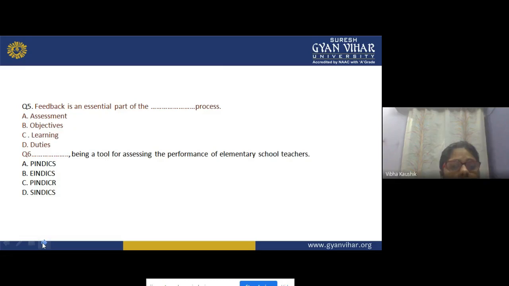Sixth one: dash is a tool for assessing the performance of elementary school teachers. Which is the tool which has been made for assessing or evaluating the performance of elementary school teachers? The options are A, PINDICS; the correct answer is PINDICS.